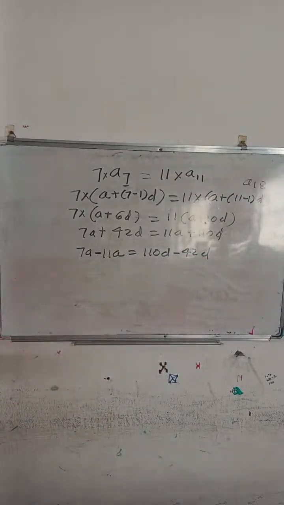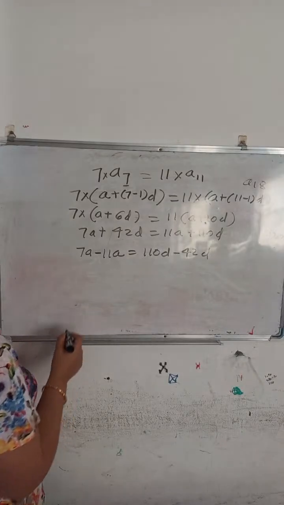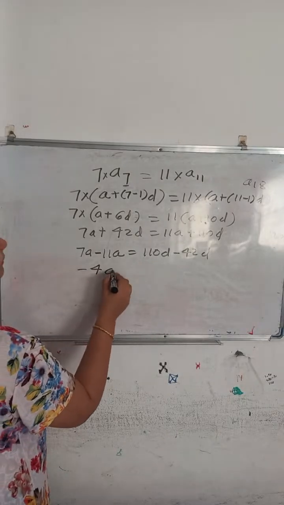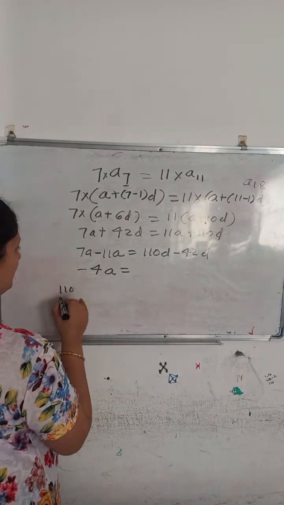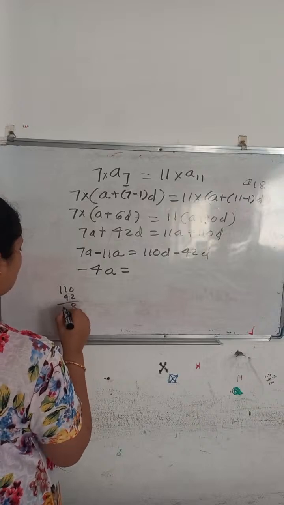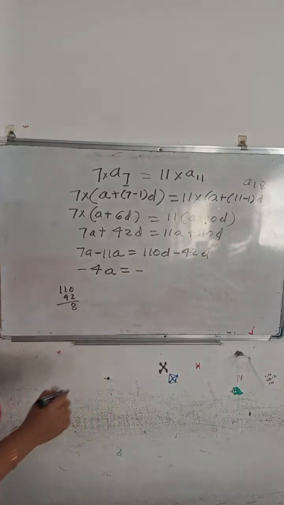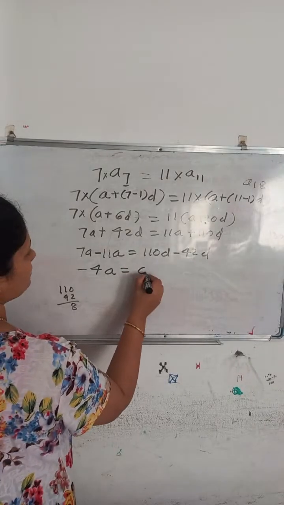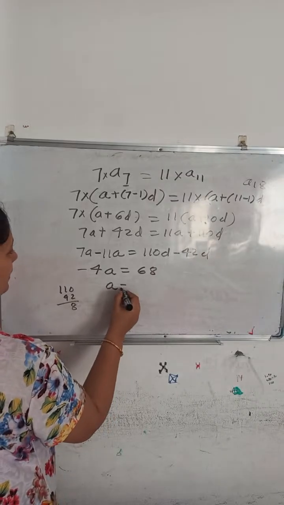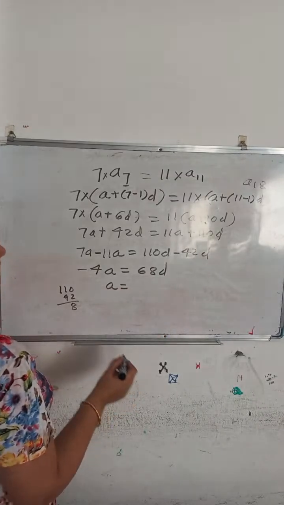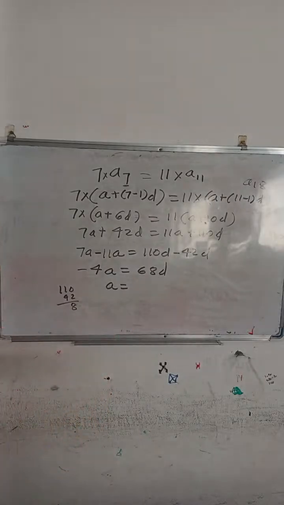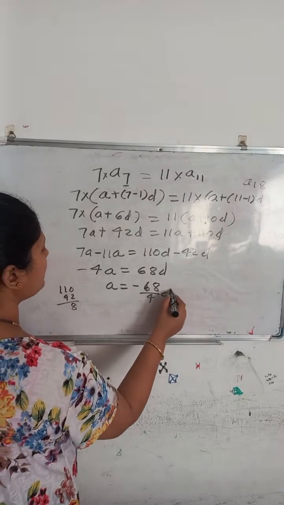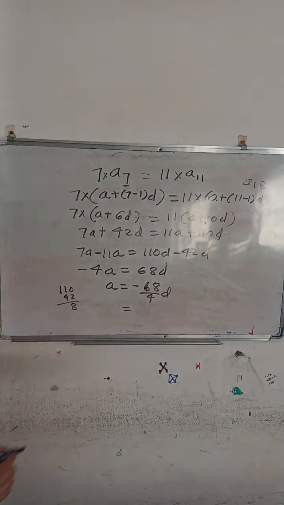I will get the values like this. 7 minus 11 is minus 4A, and 110 minus 42 is 68D. So minus 4A equals 68D. I will transpose and divide by 4 to that side: A equals minus 68 by 4 into D. So here you will get 17.